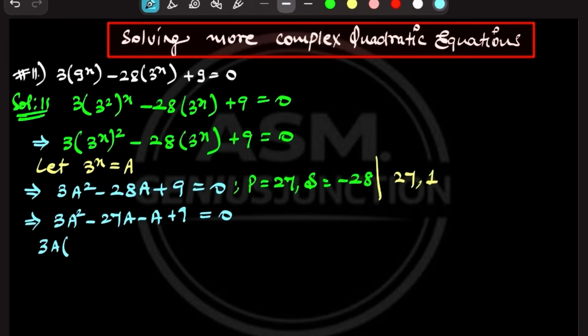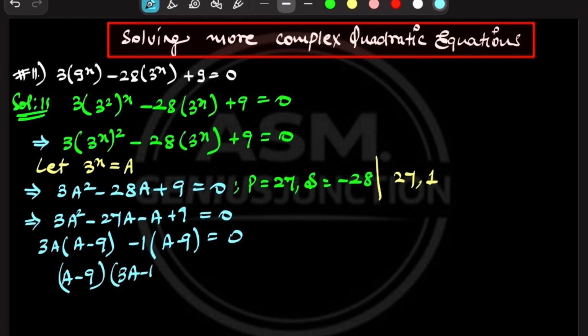We get (a minus 9) minus 1 common, and I will write (a minus 9)(3a minus 1) equals 0. That gives you a equals 9, or a equals 1 over 3.